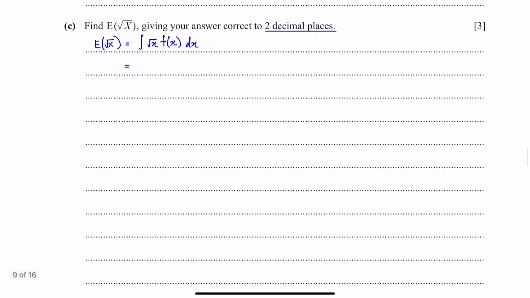So we have 1 over 128 times the integration of 20x to the power of 3 over 2 minus x to the 7 over 2, plus the integration from 4 to 6 of x times x to the power of 1 over 2.